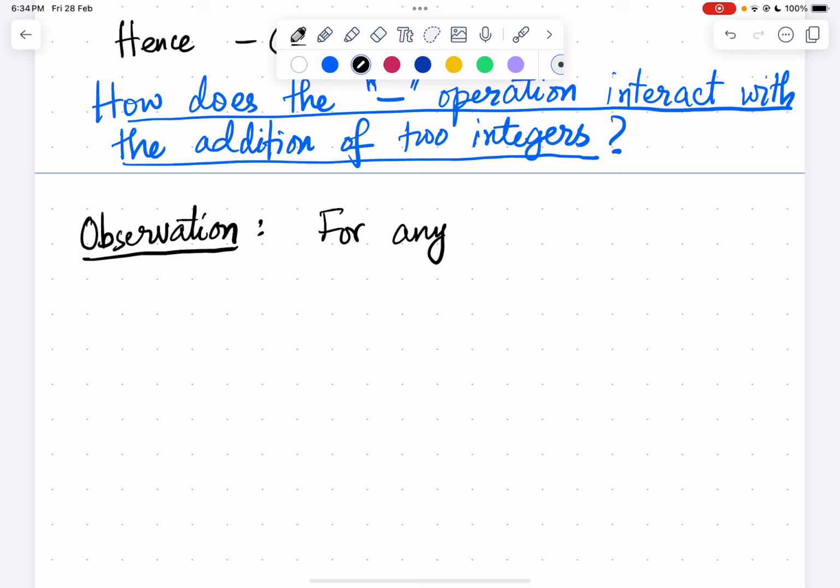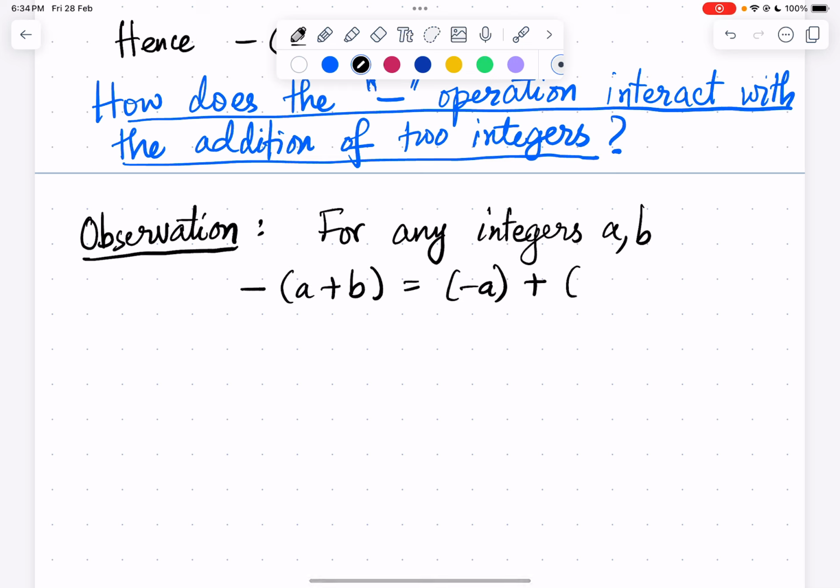For any integers a, b, minus of (a plus b) is minus a plus minus b.